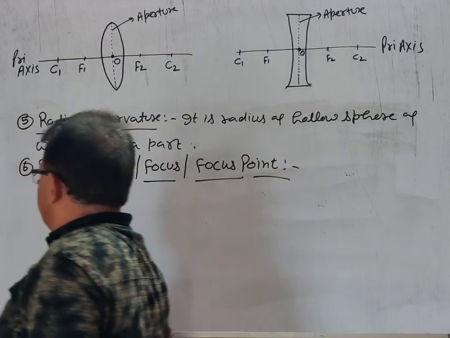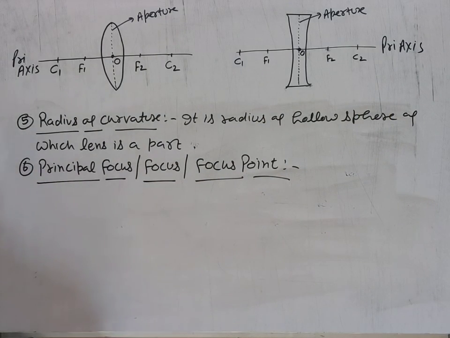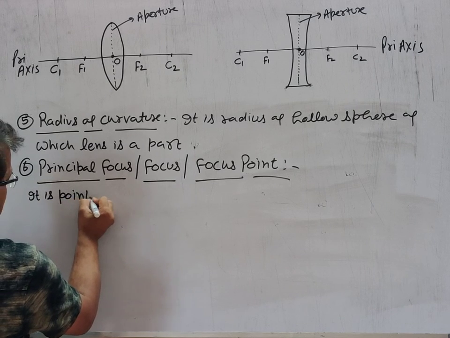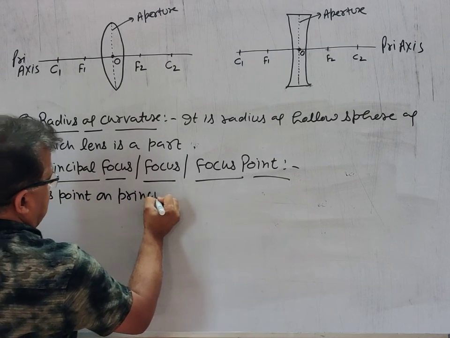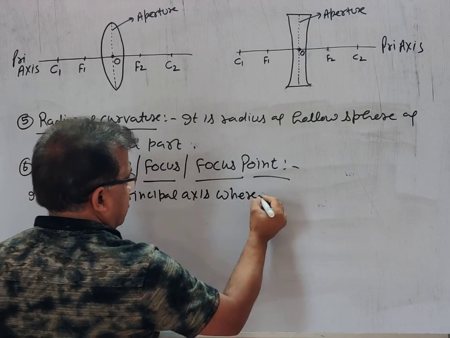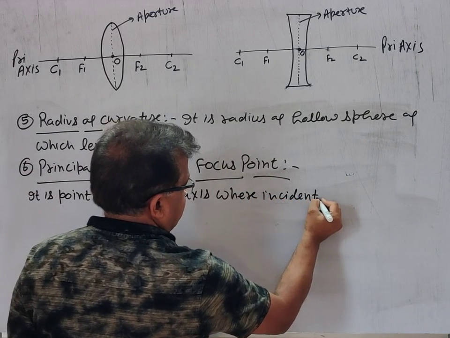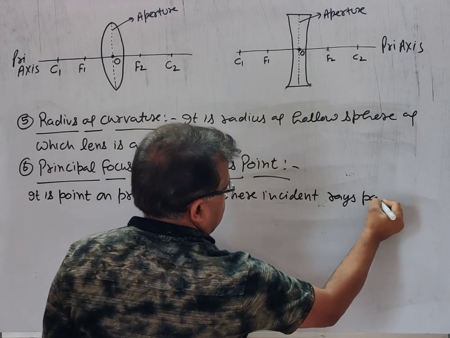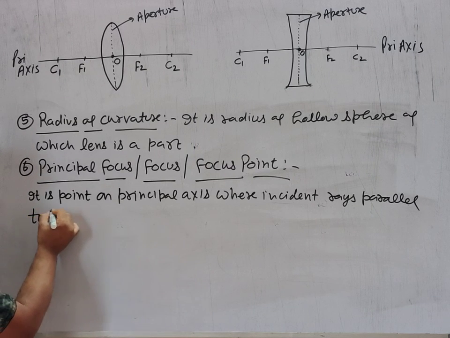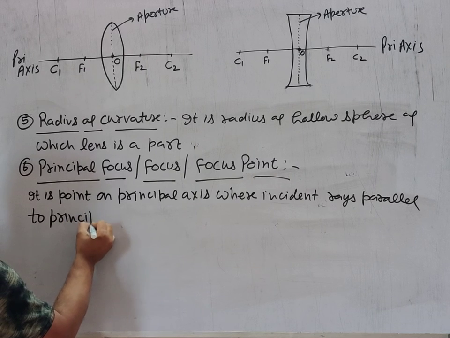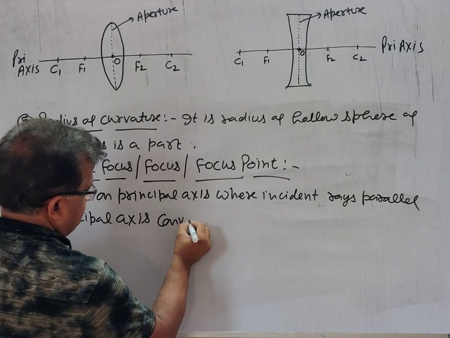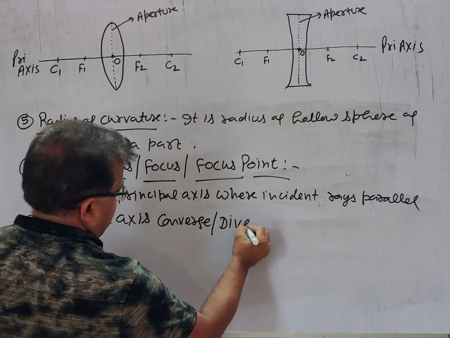It is the point on the principal axis where incident rays parallel to the principal axis converge or diverge after refraction.